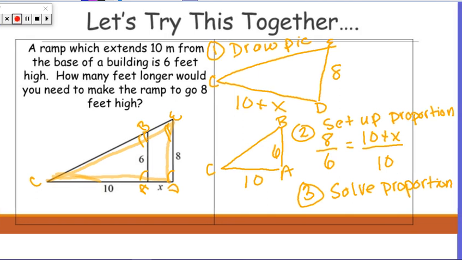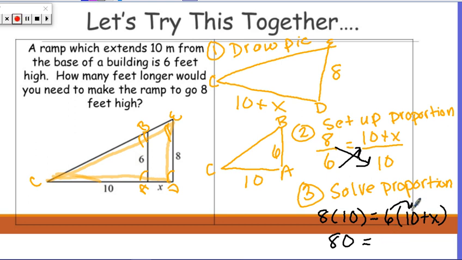In order to solve this proportion, we are going to do what is called cross multiplication. So 8 times 10 should equal 6 times the quantity 10 plus x. We're going to perform the distributive property on the right side.